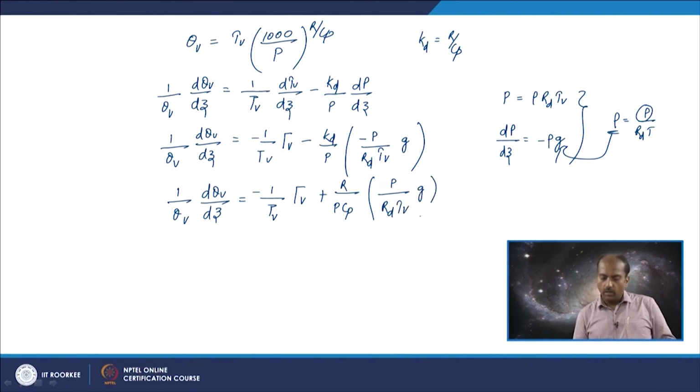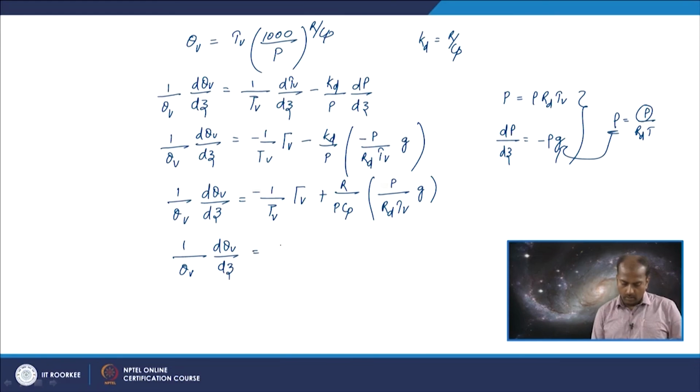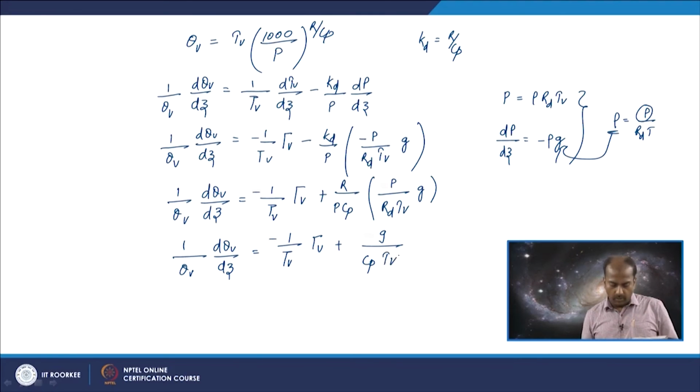Simple algebra, just rearranging the terms: minus 1 by Tv gamma v plus g by Cp Tv.